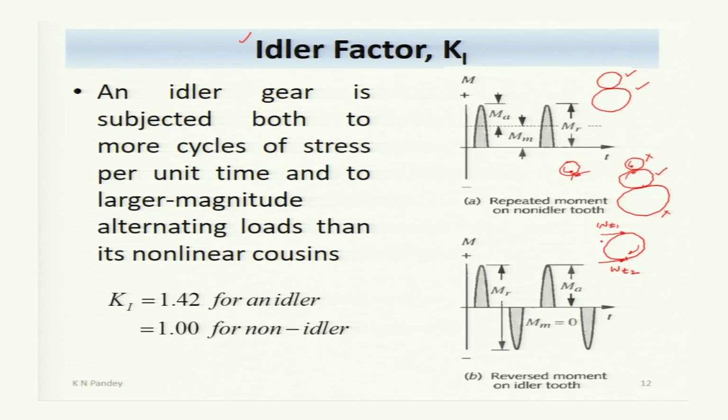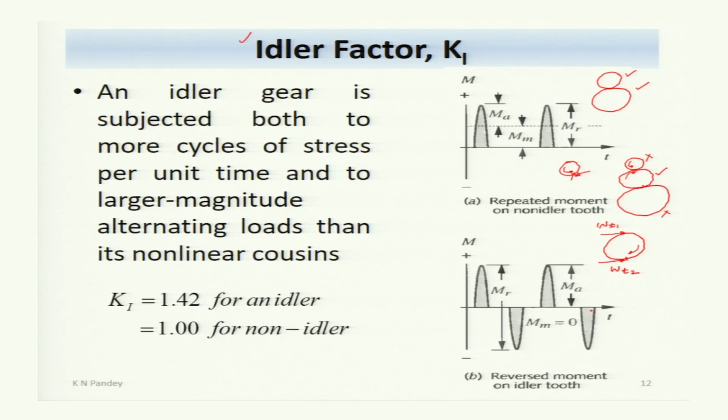So if the load versus time graph is plotted, then for the case of this pinion and gear, the load will be something like this, one-way load. But for the case of the idler, due to two-way load, the load will be something like this way, this way, this way and this way.